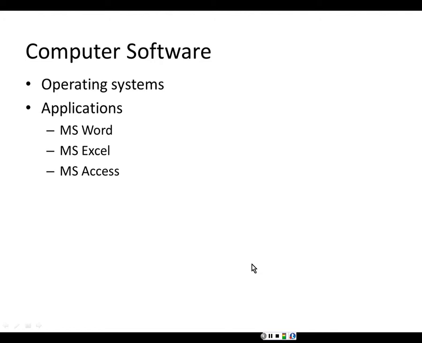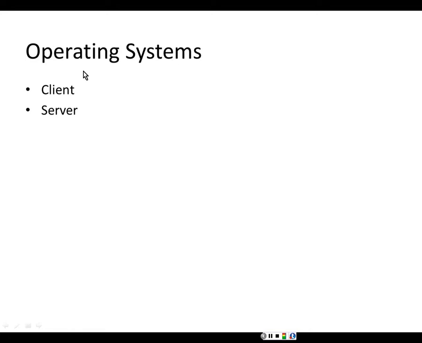Applications generally include things like Microsoft Word, Microsoft Excel, and Microsoft Access. But we are here to talk about operating systems. And you will find that operating systems break down into two general categories: client operating systems and server operating systems.